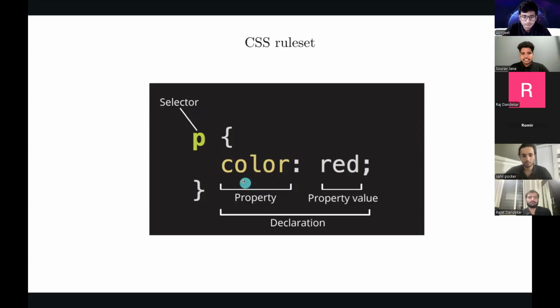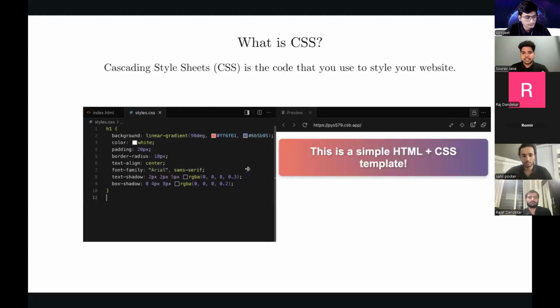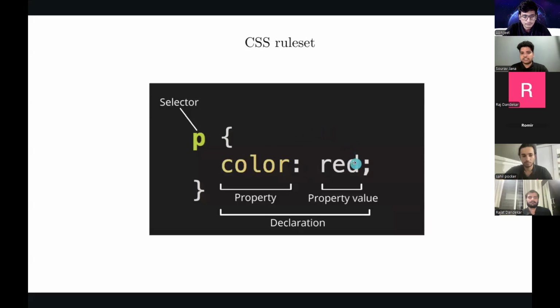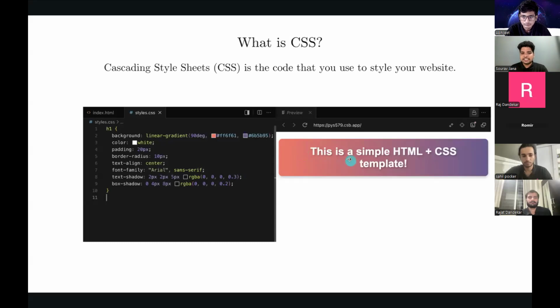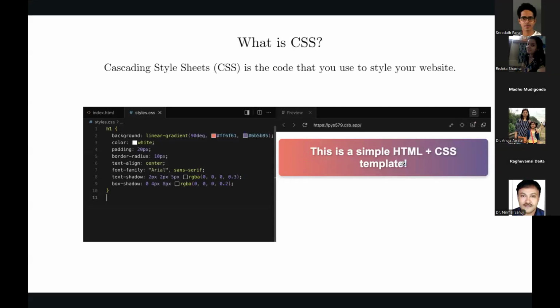Then inside that, there are property and value pairs. Let's say I want to change the color. Before it was black, right? Now let's say I want to change the color to white. Then I can add color equals to, let's say, red or white or green, like that. Also, I can change the background. That's how we can add CSS to it.